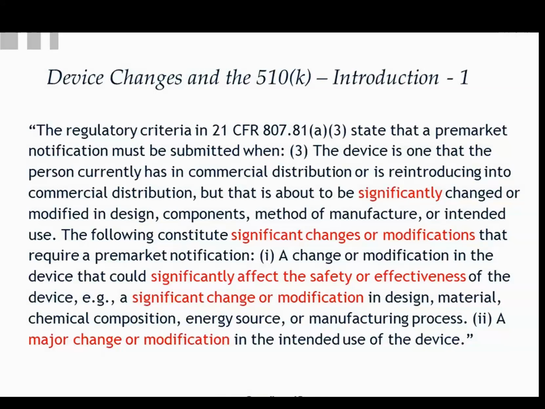If you find a safety problem in the field that resulted in a safety alert and/or a recall, and you make changes to eliminate that problem, more than likely that will drive a 510K, irrespective of all these other considerations we're talking about. So those are some key areas that are red flags to you and/or a reviewer that a new 510K more than likely will be required.